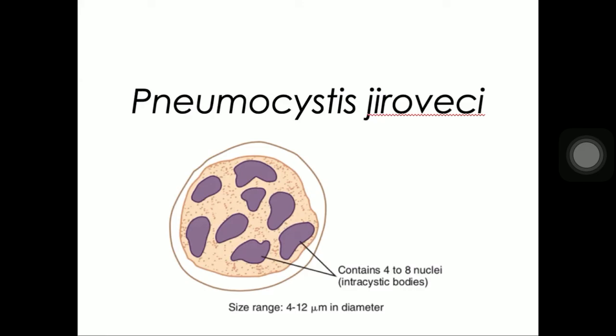So yun po yung mga ideal na histologic procedure for Pneumocystis jirovecii. Previously known as Pneumocystis carinii, again causing nga po lung infection or respiratory infection among immunosuppressed or immunocompromised patient, particularly those suffering from AIDS, okay, and other malignancies.